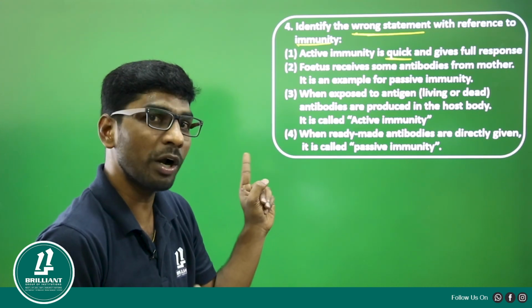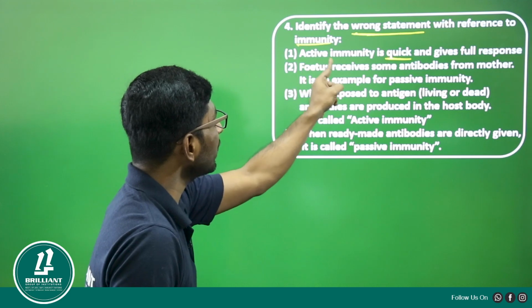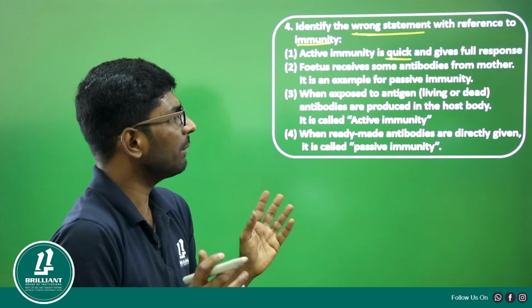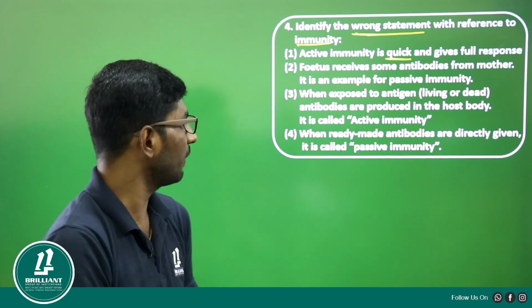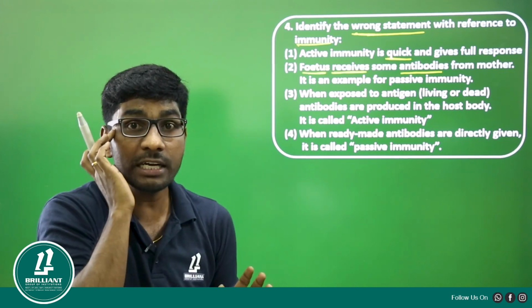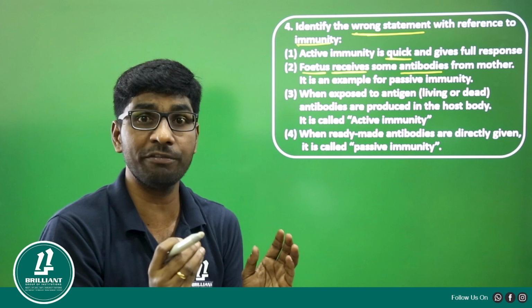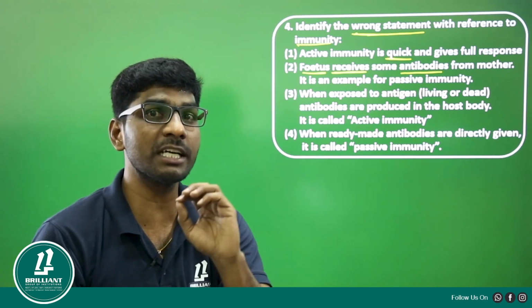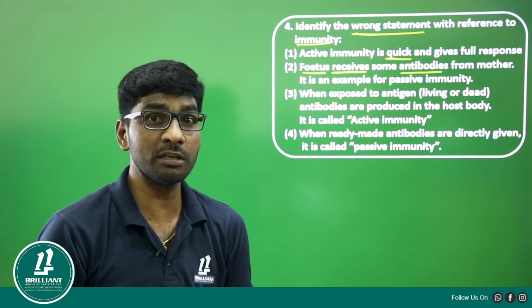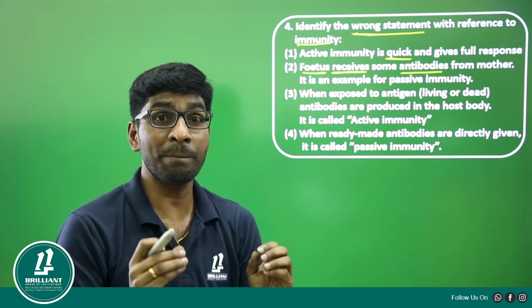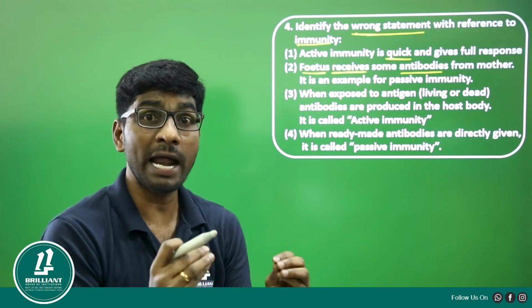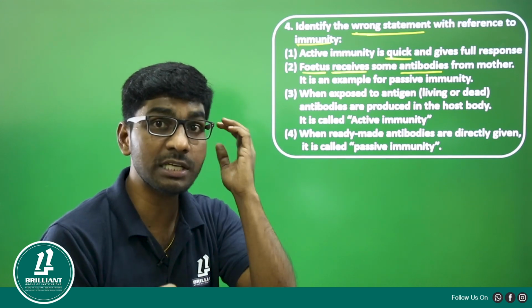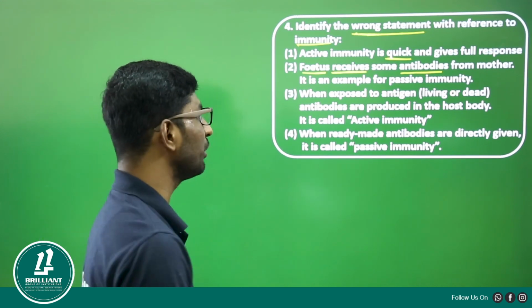But look at option 1, what they have given. Active immunity is quick. I am thinking this option is not correct. Look at the second one. Fetus receives some antibody from the mother through placenta. If you are able to recall the human reproductive system chapter, placenta transfers antibodies. What type of antibodies? IgG immunoglobulin.